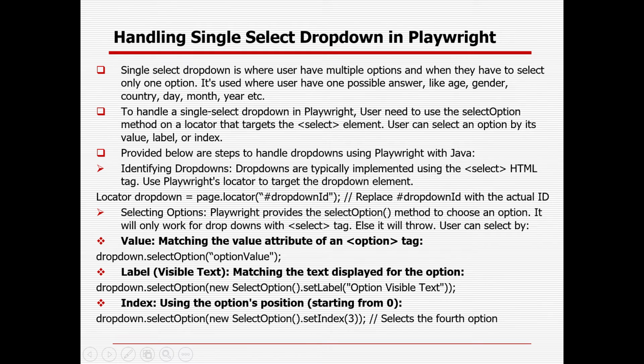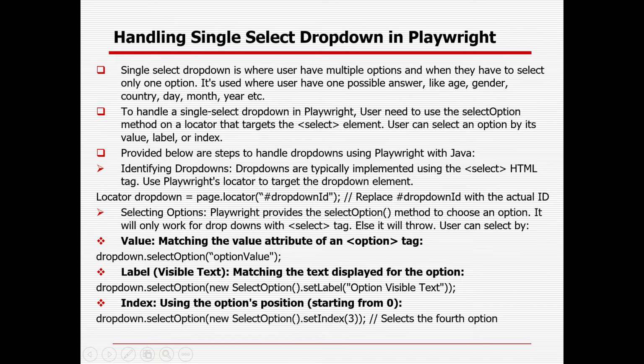For the label, which is nothing but the visible text matching the text displayed for the option, you can call the dropdown locator object dot selectOption, new SelectOption dot setLabel, and here you need to give the visible text. And for index, using the option position, indexing will start from 0 up to size minus 1. In case the dropdown has, say, 10 values, indexing will start from 0 to 9.